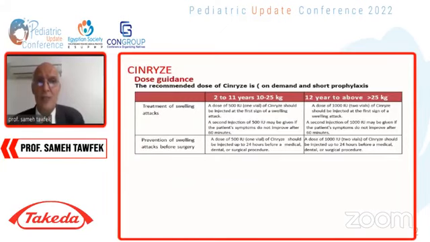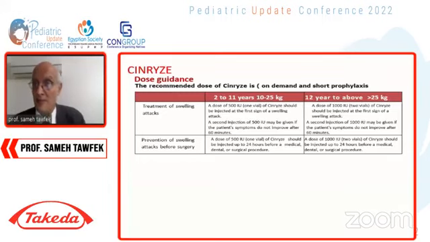Dose: the recommended dose for children 2 to 11 years, and weight from 10 to 25 kilogram, is 500 units, which is 1 vial of Sunrise, should be injected immediately when we see the swelling attack. Second injection, which is also 500, may be given if symptoms don't improve within 1 hour.